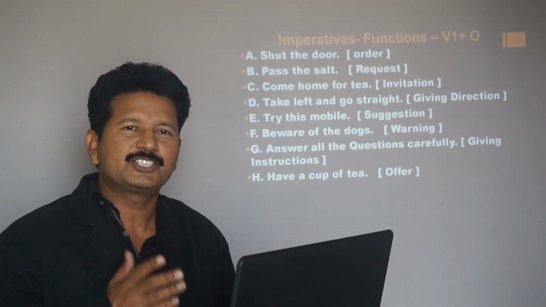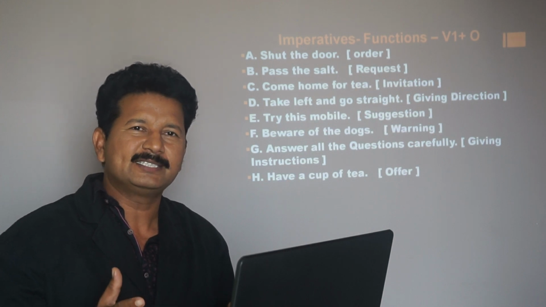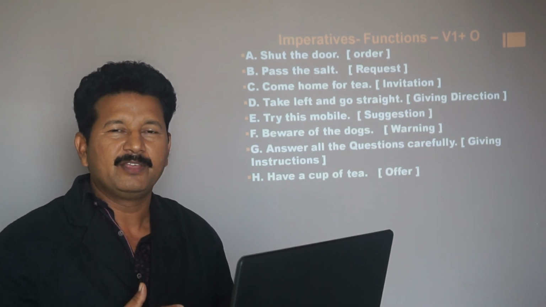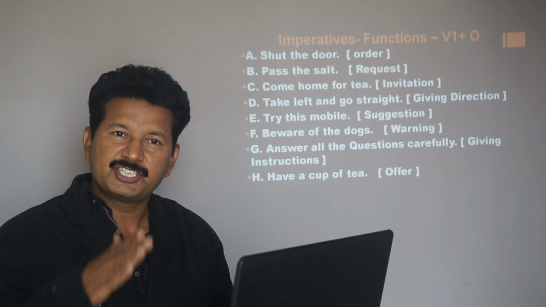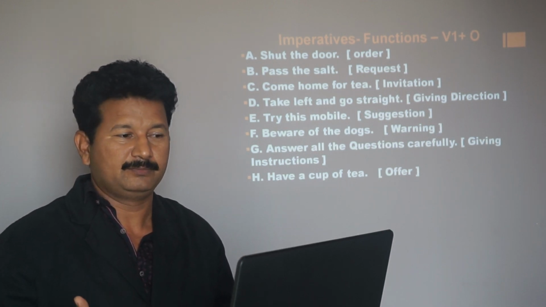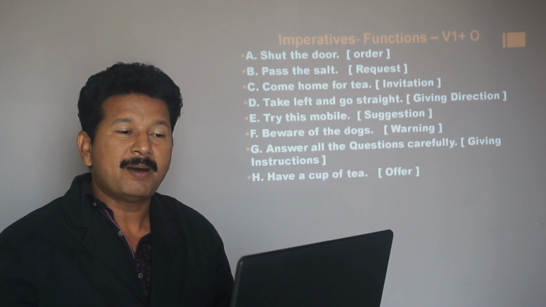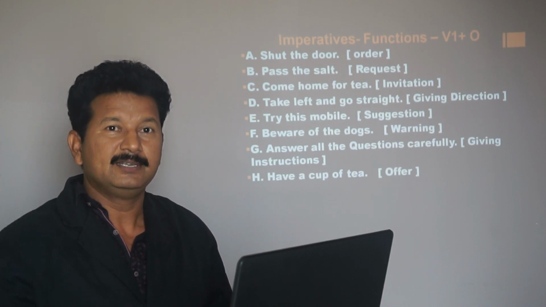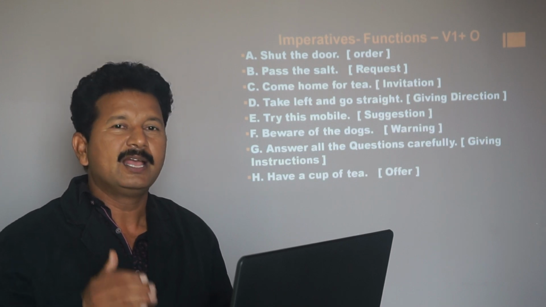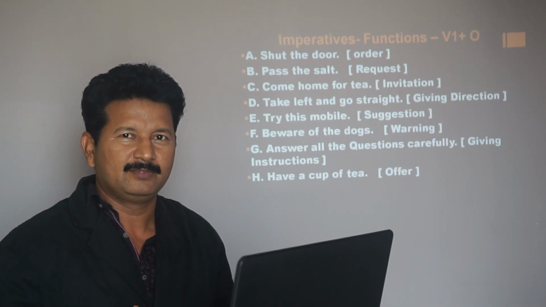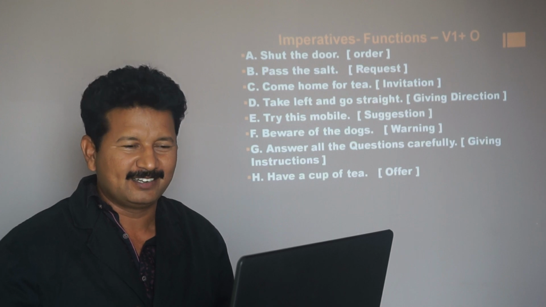Now let us observe the different kinds of sentences. The sentence structure is the same. All the sentences will have V1 plus object, whereas the functions are different. If I say shut the door, it's an order, and if I say pass the salt please, it's a request. And the third sentence is come home for tea. It is something like an invitation, right?